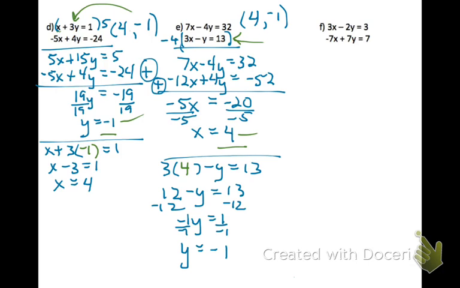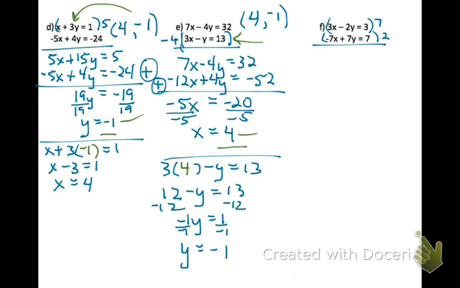So if we multiply this top one by 7, and then this bottom one by 2, we will get opposites for our y coefficients.